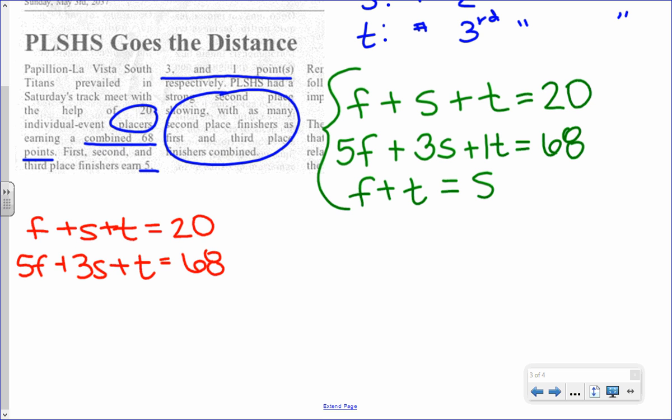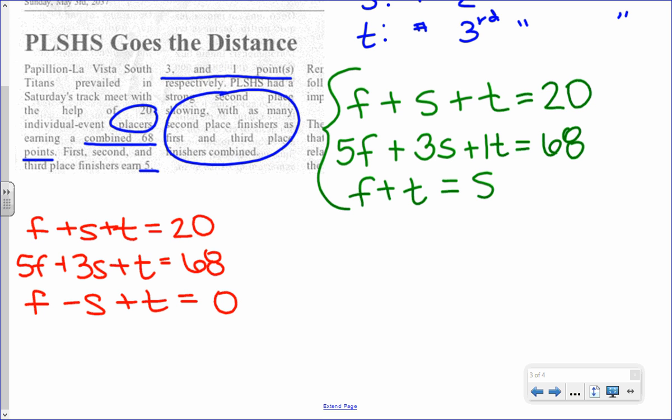Okay, so it'd be my advice to you to write that third equation as F minus S plus T equals 0. That way, it's easier to use elimination to eliminate a variable twice. Which variable would you like to eliminate?